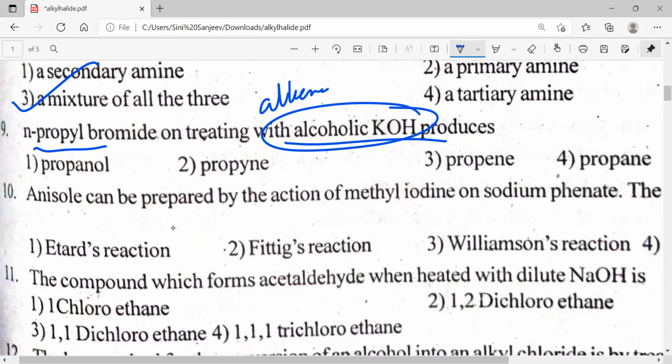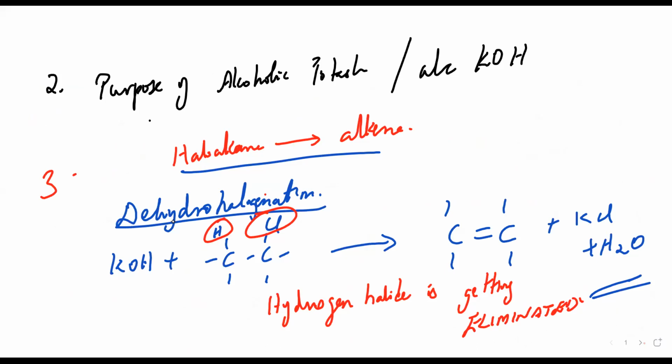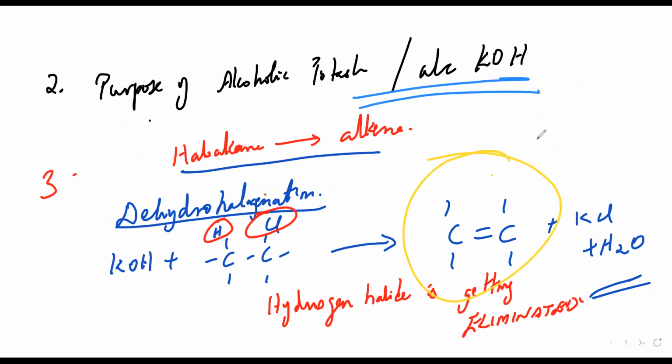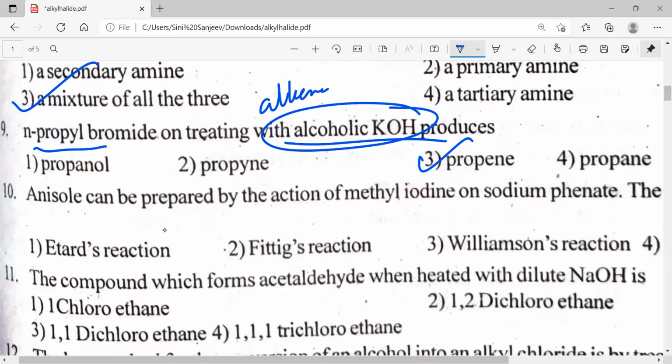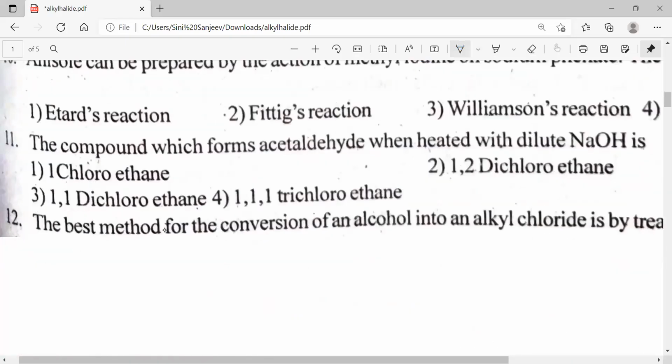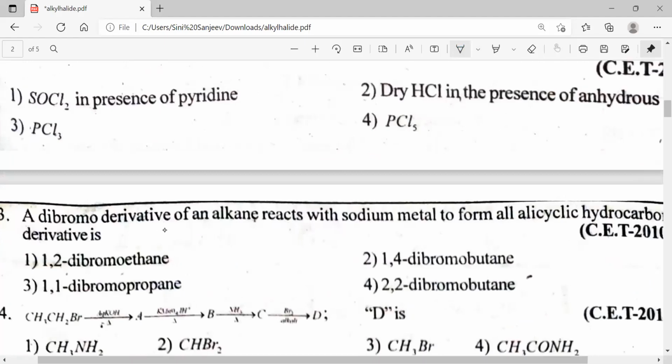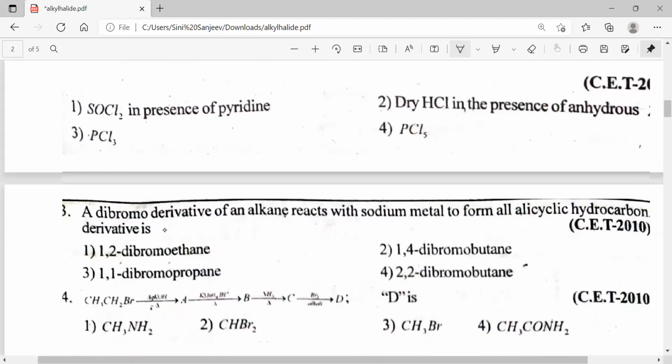Correct? So directly I can mark 3. Don't worry if you have forgotten this. We just now discussed the very first question. Alcoholic potash, this one. What am I getting? Alkene. That's it. Dehydrohalogenation or elimination. That's what I told you. Even if you don't want to study, you will study it. It will be there in the head. Whenever alcoholic potash, KOH, is there, you will get alkene.